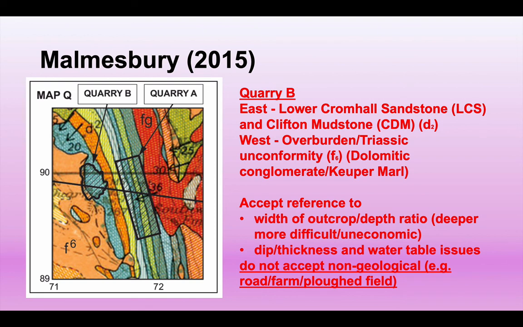The question though is quite specific about geological factors. So if you've written about anything non-geological, road, the farm, ploughed fields, habitat loss, anything like that, you won't get credit for it. Even if you feel that's an important factor, it's not a geological one.